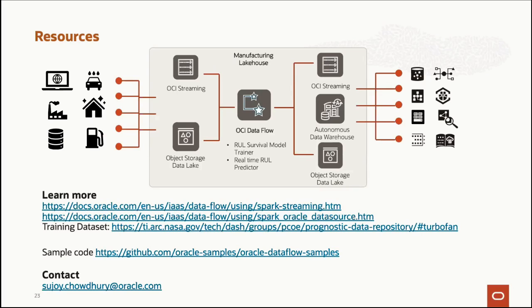So this was a manufacturing industry Lakehouse demo, where the stream data source consisted of sensor data coming in from factory floors. If you replace the sensor stream by a stream that is transaction data coming in from the point of sales from different parts of the world, say you want to look at all those transactions from different POS terminals, and you want to predict the revenue at the end of the month, you can actually use Data Flow to do that in real time, using not just the data that came in the last 5 minutes or 10 minutes or 1 day.